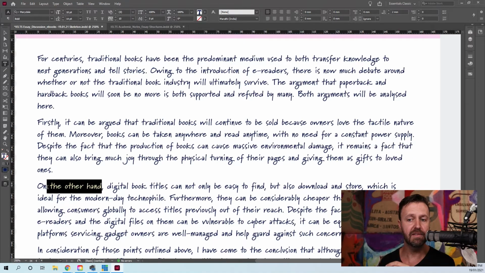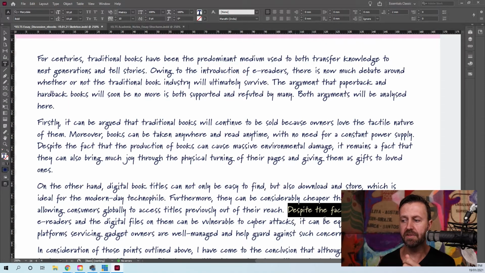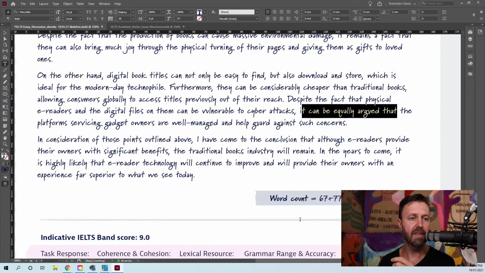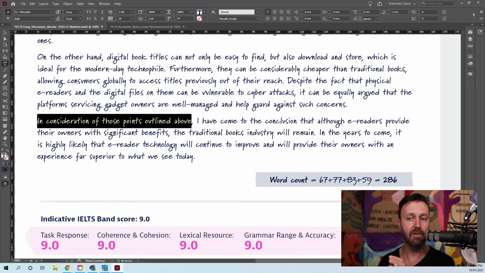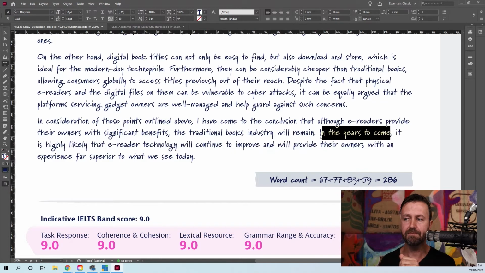Then we've got 'on the other hand', because this is a discussion essay. Then we've got 'furthermore', our 'despite the fact that', and then 'it can be equally argued that'. So good language here. And then we finish off our essay with 'in consideration of what we have outlined above, I've come to this position'. And then we say 'in the years to come, it's highly likely that X, Y, Z will occur'.